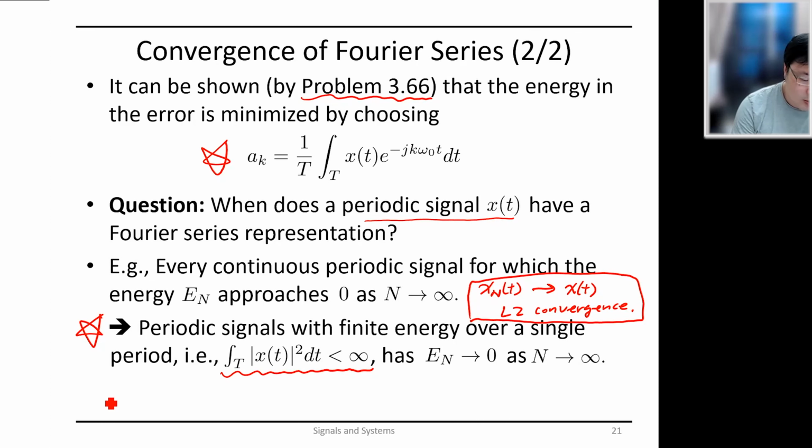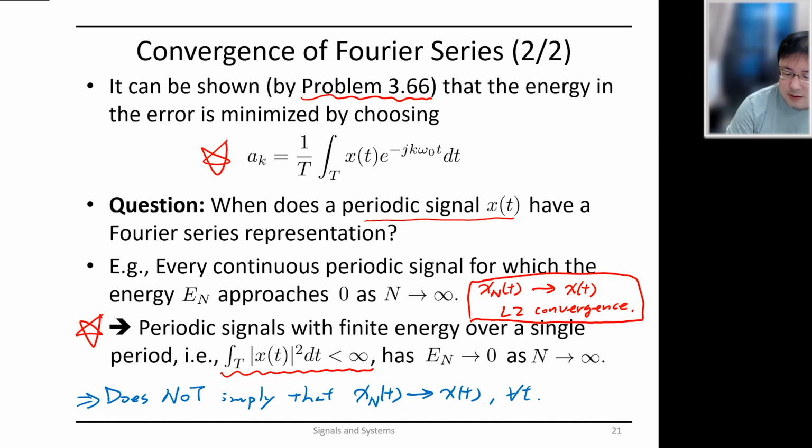Now, I just want to note here that this convergence does not imply that x sub n of t converges to x of t for all t.